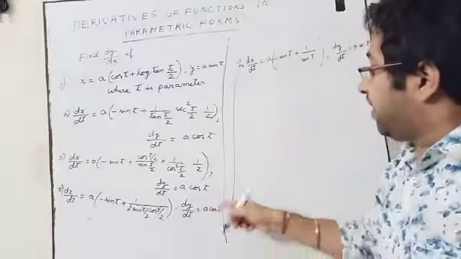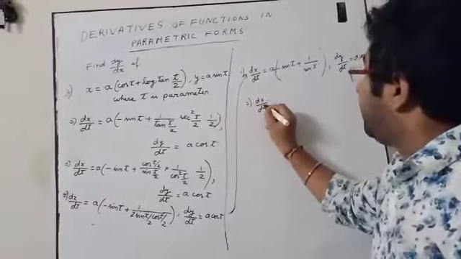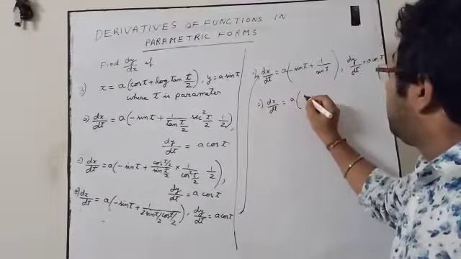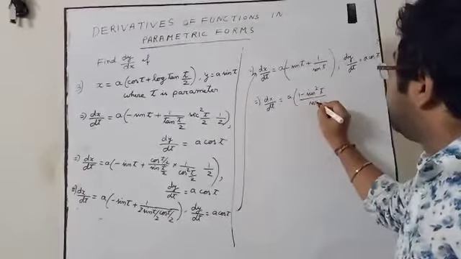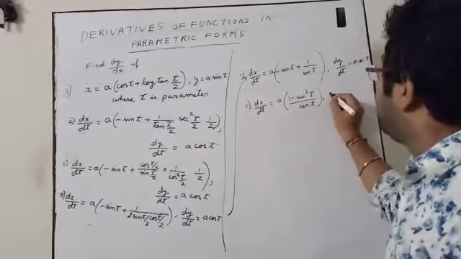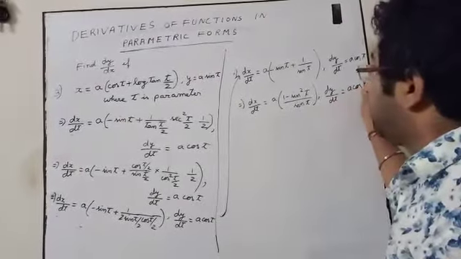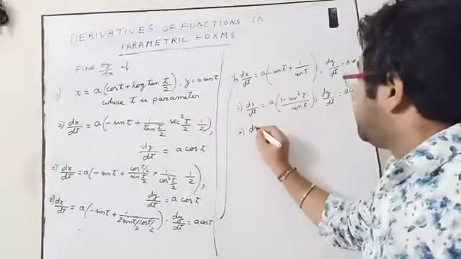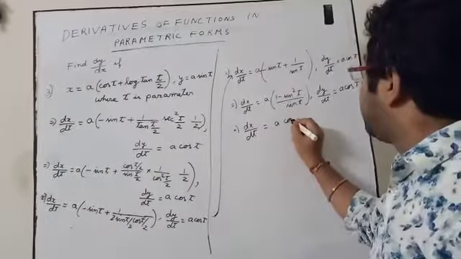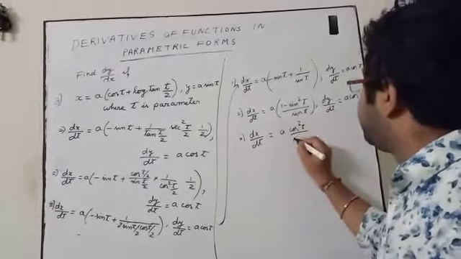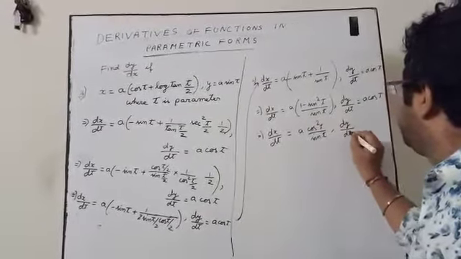I have continued from here to here. Then dx by dt will be a times 1 minus sin square t divided by sin t, comma, dy by dt will be a cos t. So dx by dt will be a times cos square t over sin t, and dy by dt will be a cos t.